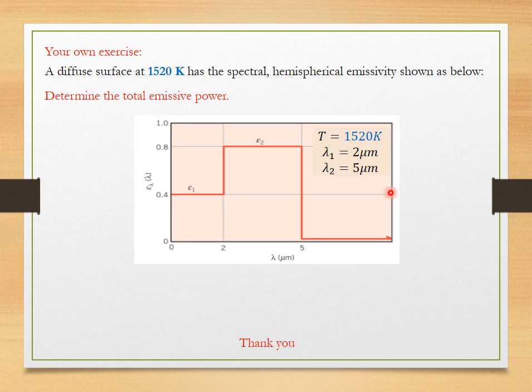And of course, I will give you the final answer from my calculation, which is 168 kilowatt per meter square. If you get a different answer, maybe I calculated wrongly or made a typo, so you may mention the correct answer in the comments.